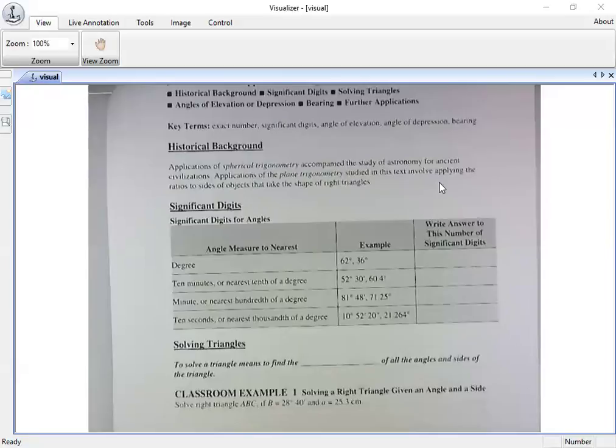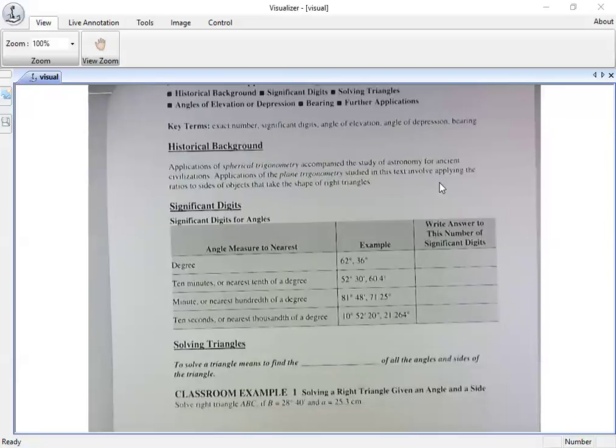Because the distance from the building is measured to the nearest tenth of a foot, we would want to round the height of the building the same way, because our measurement was only accurate to the nearest tenth of a foot. So we would want to give the measurement of the building to the nearest tenth of a foot.